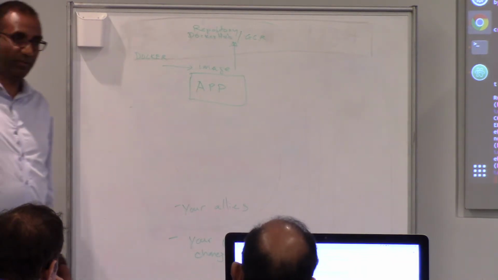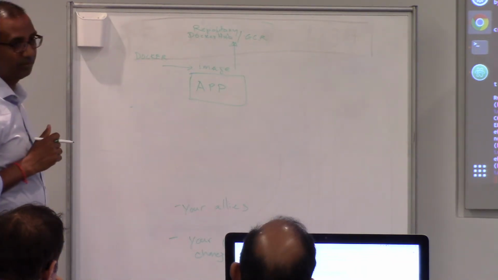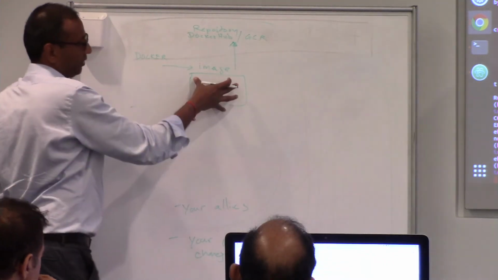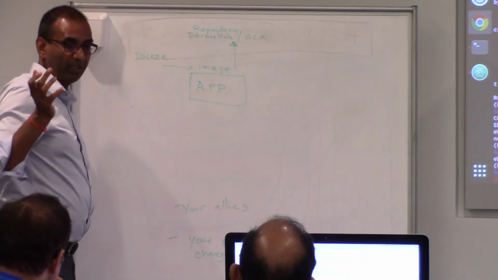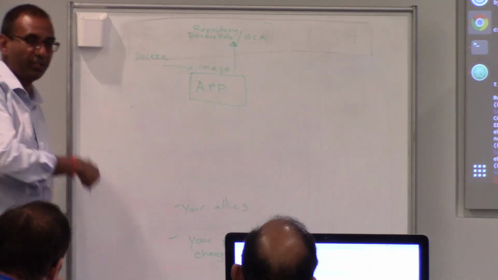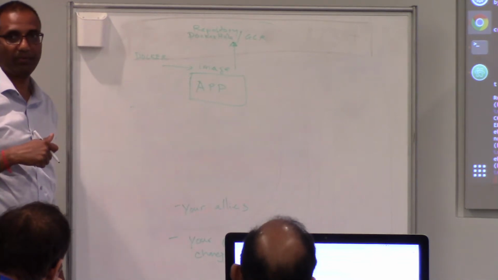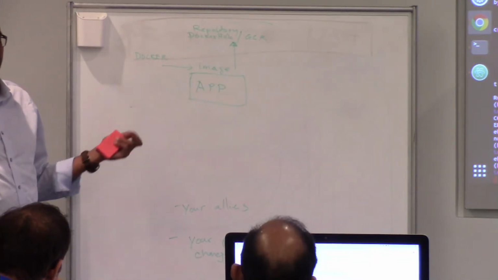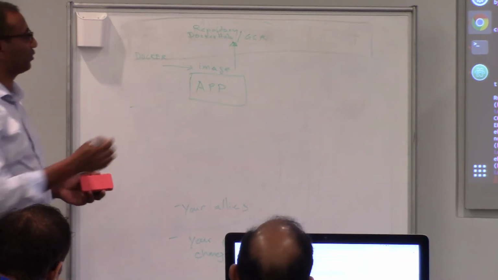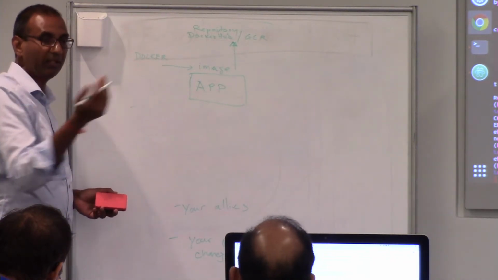That's why the image is stored in Docker Hub, because we intend to run it on the cloud. From the cloud, it's not going to go and fetch the image from your local desktop. It needs to fetch it from somewhere, and that somewhere is also a cloud.